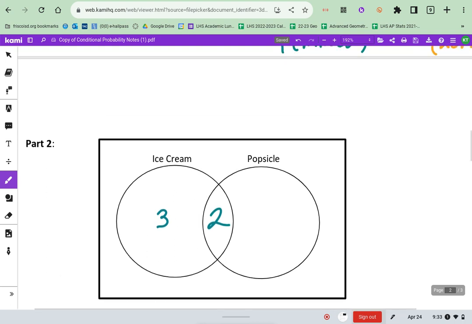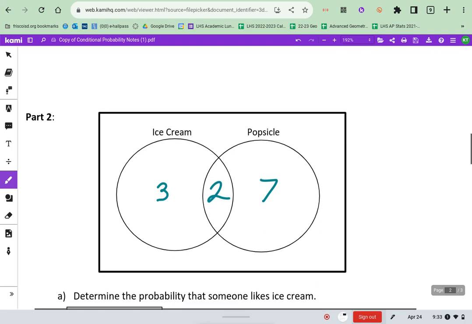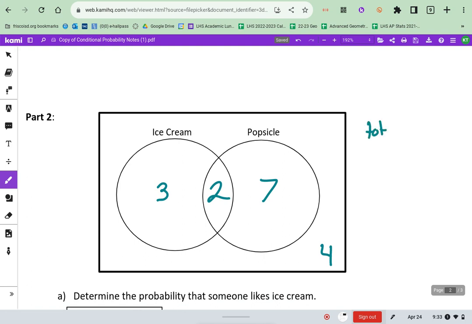There were 7 people that just liked popsicles. And there were 4 people that didn't like ice cream and didn't like popsicles. So that 4 is going to go down here. So total, we had 16 people.